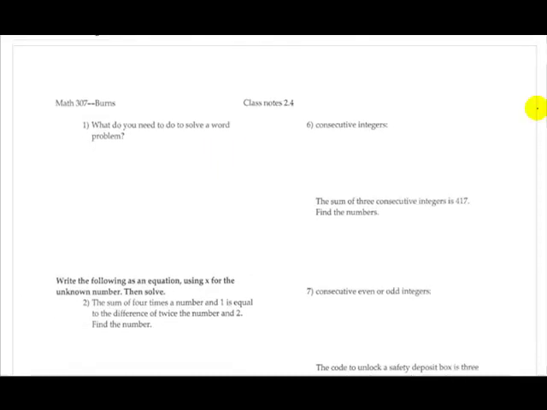The first question asks you, what do you need to do to solve a word problem? Well, it should be obvious that the first thing you need to do is you've got to read the problem. The second thing you need to do is you need to understand what is going on. And so you might want to draw a picture.